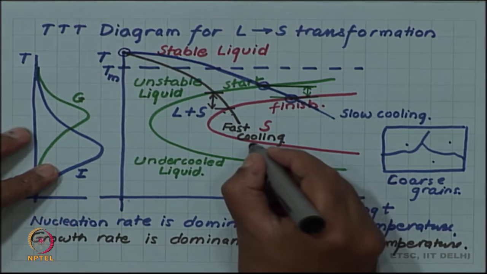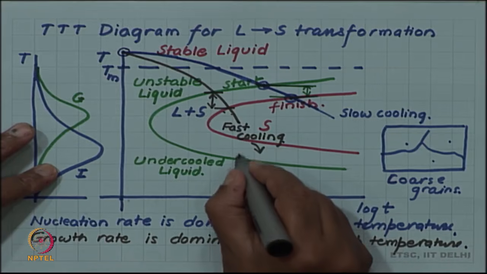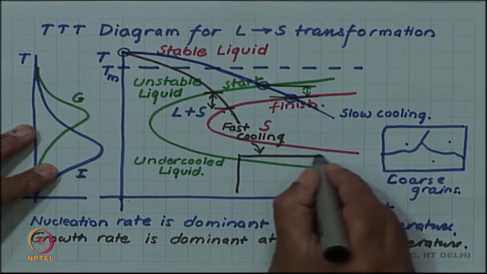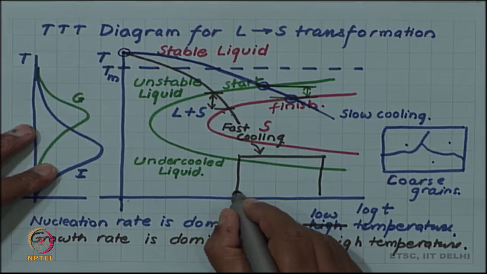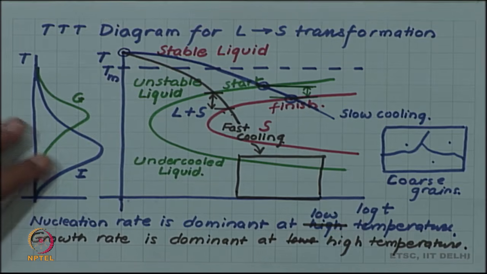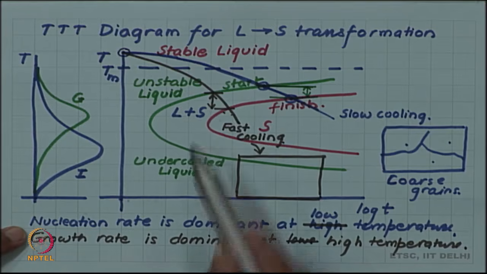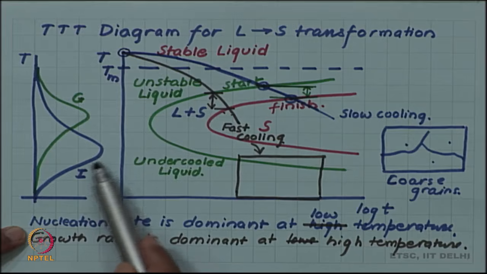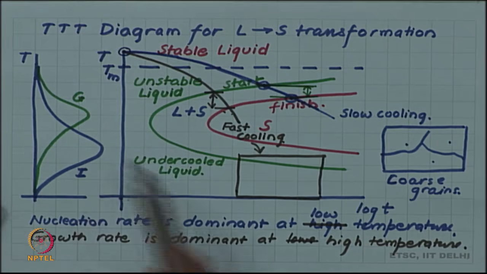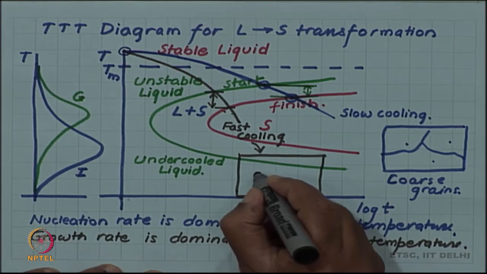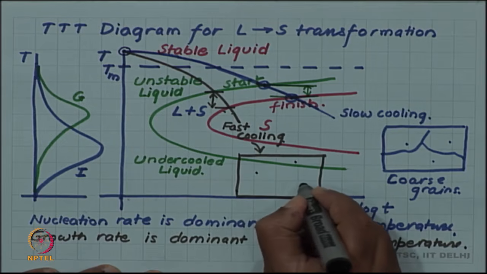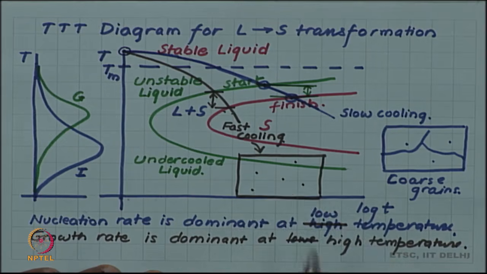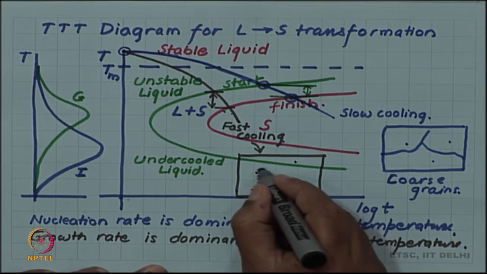Whereas, imagine what will happen in the faster cooling. Now, in the faster cooling the transformation temperature is lower. On the lower side nucleation rate is more dominant than the growth rate. So, faster nucleation gives you many nucleation centers and the growth rate is slow.